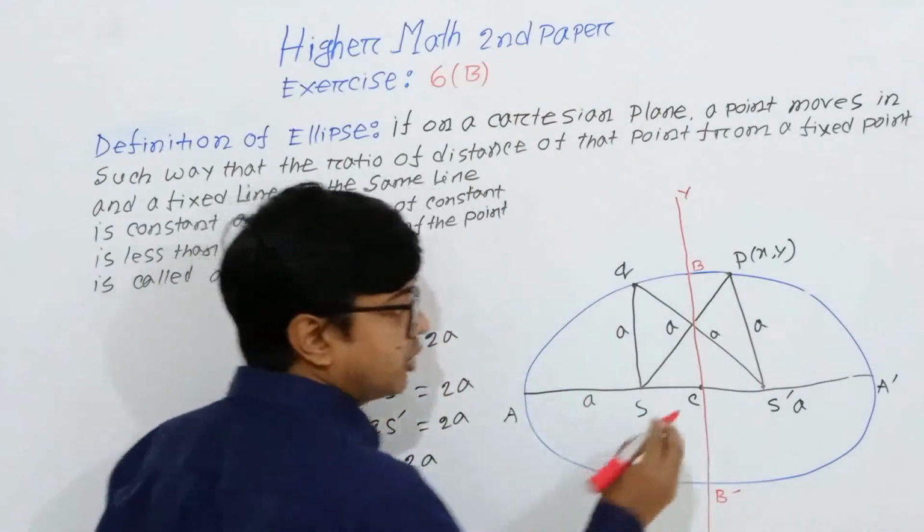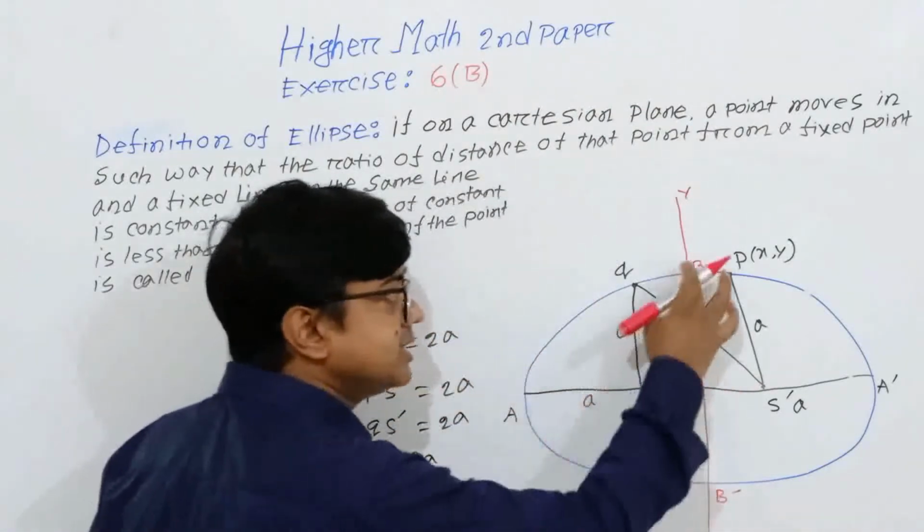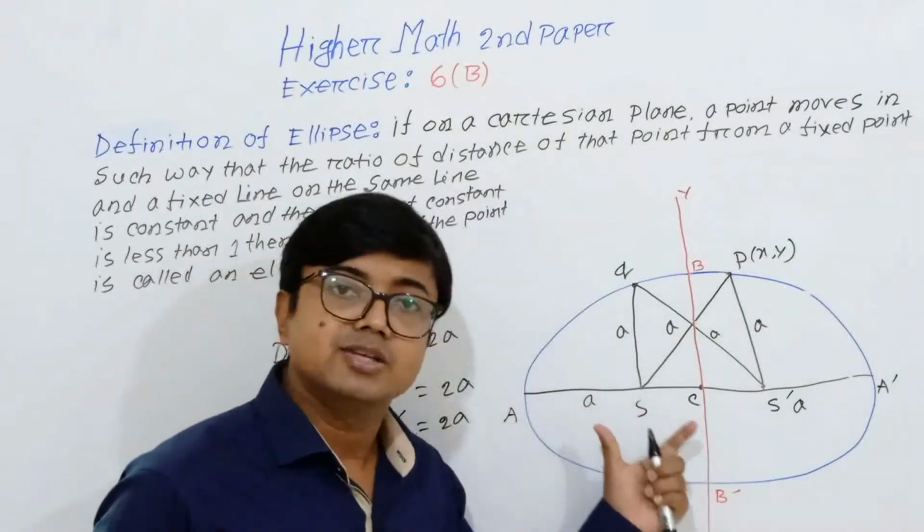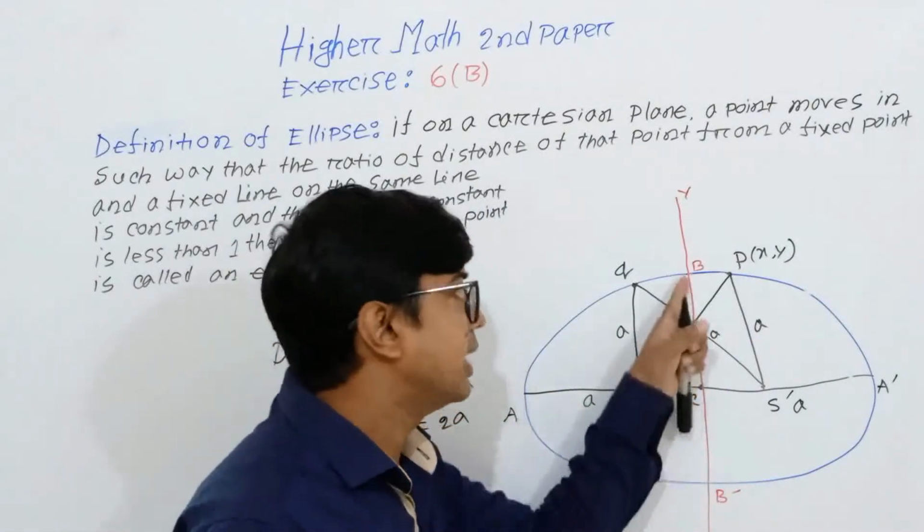One thing is important here. Major axis is always greater than minor axis.